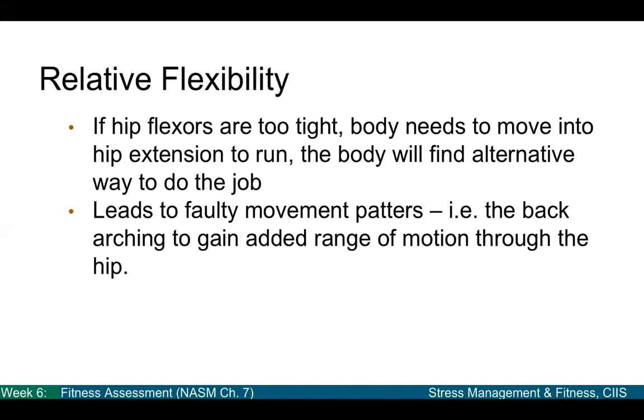So what happens over time? This leads to faulty movement patterns. So for example, the back arching to gain added range of motion through the hip. Okay, and then that is going to potentially result in injury, and also it will limit your client's optimal potential in engaging in this type of activity.